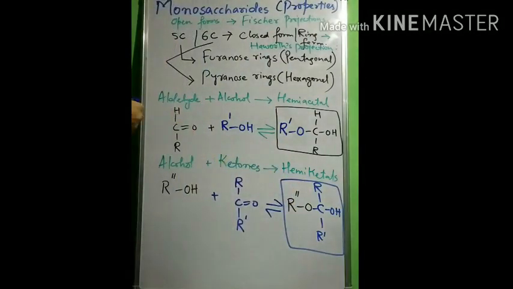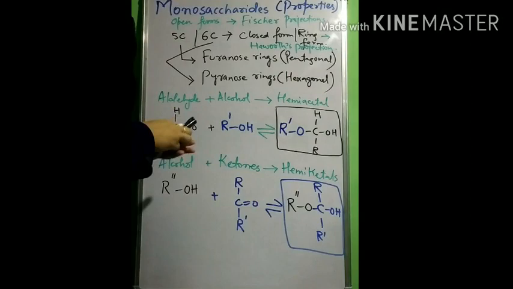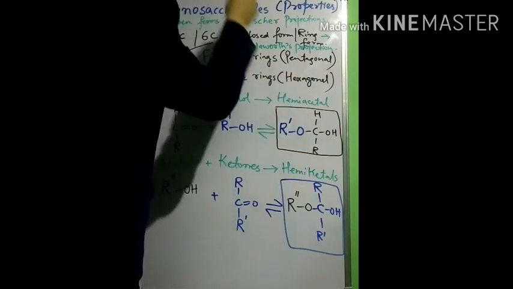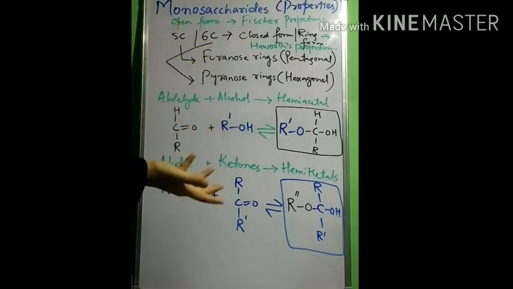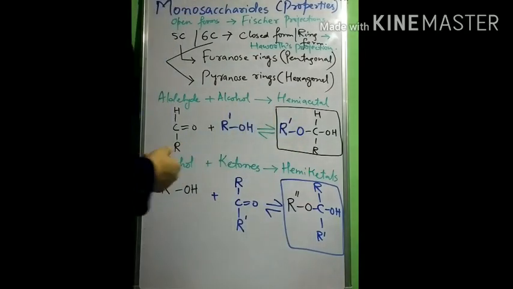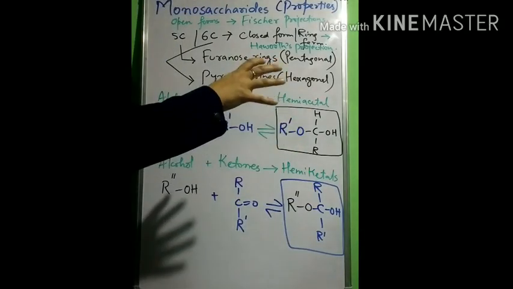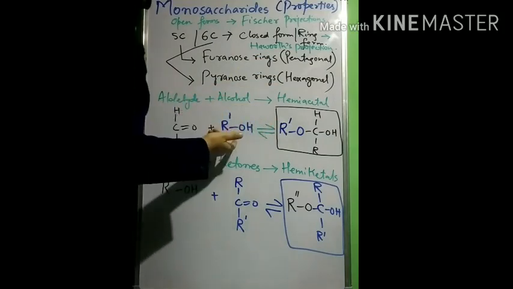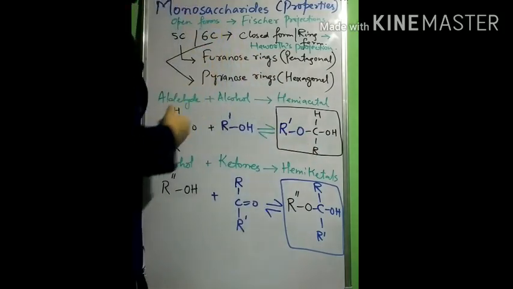Why are we understanding about hemiacetals and hemiketals? You have to understand that when open chain forms are getting converted into closed forms, these monosaccharides are getting converted into hemiacetal forms and hemiketal forms. When an aldehyde group of a monosaccharide reacts with its alcoholic group, it results in the formation of a hemiacetal.